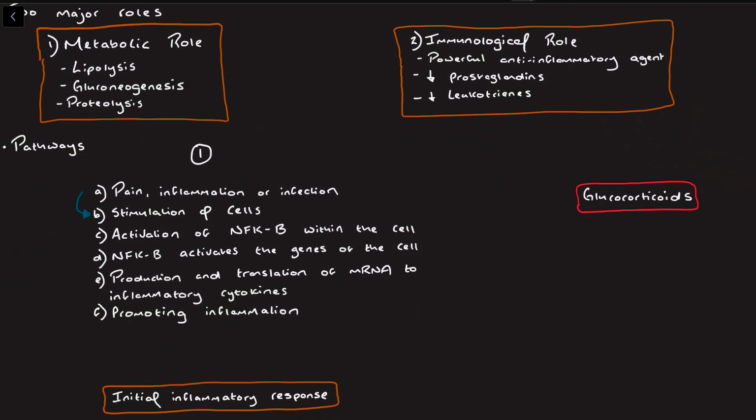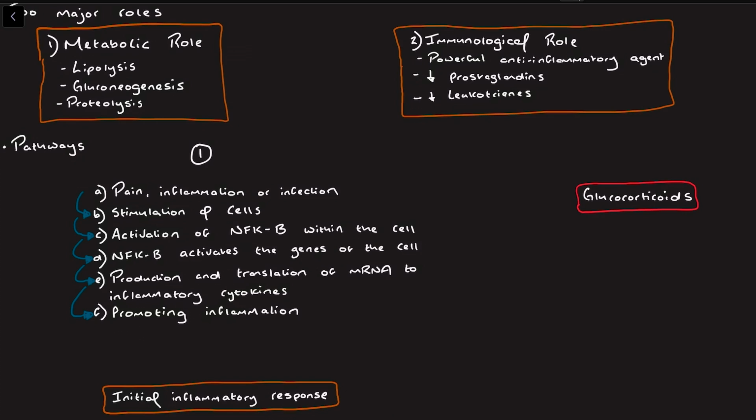This then causes activation of nuclear factor kappa B within the cell. The nuclear factor kappa B activates the genes of the cell. Then there's production and translation of messenger RNA to inflammatory cytokines. And then finally, there's stimulation of inflammatory response promoting inflammation.